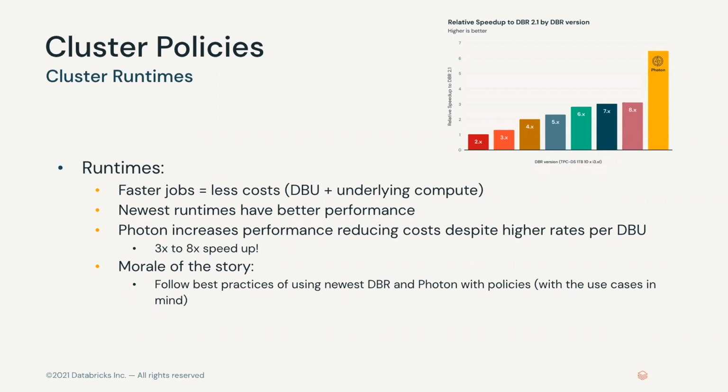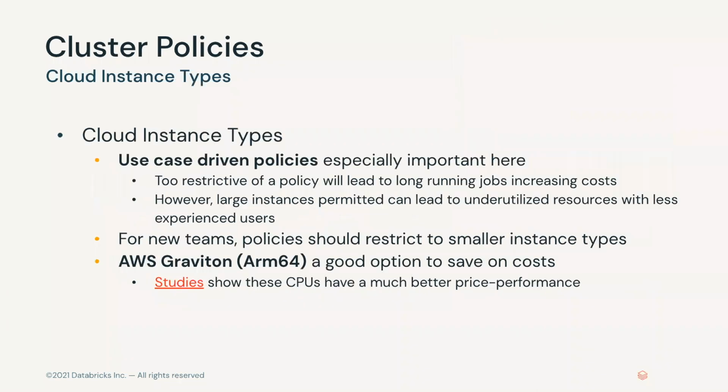But again, it's important to work with those user teams that are creating these jobs to understand, is Photon really speeding the process up, which in most cases it is, just because we've really optimized most operations within Spark using Photon. So that's just something to keep in mind here.